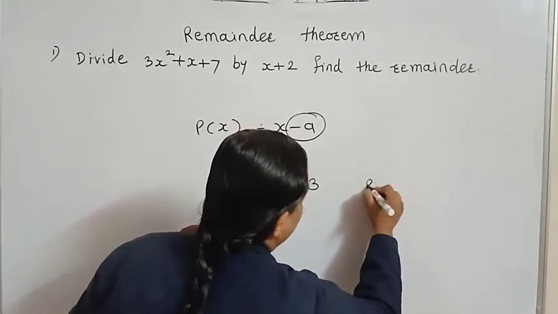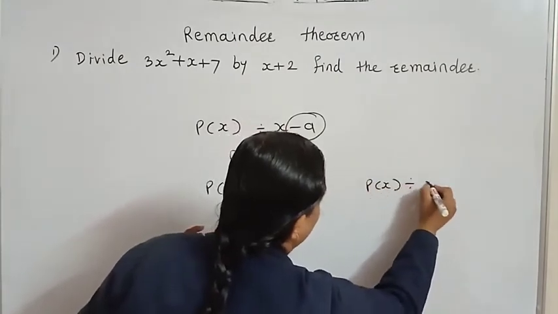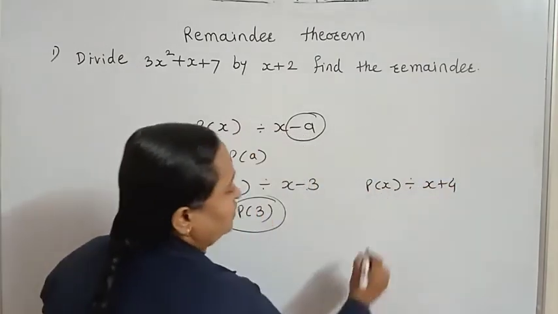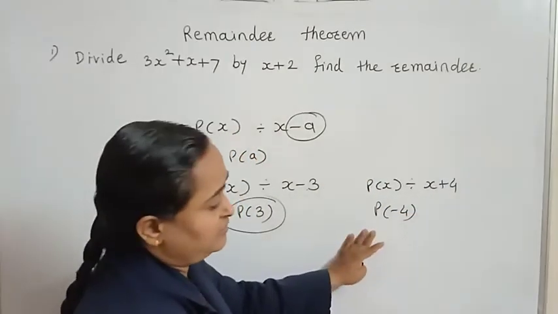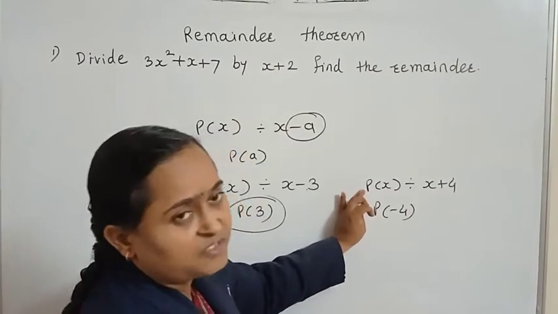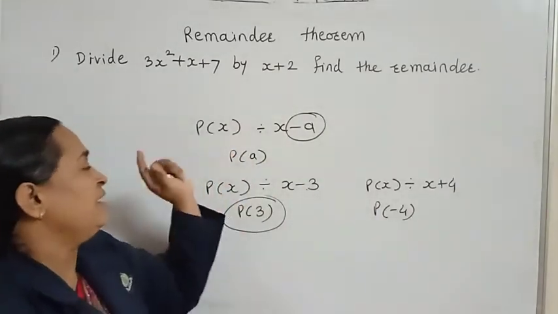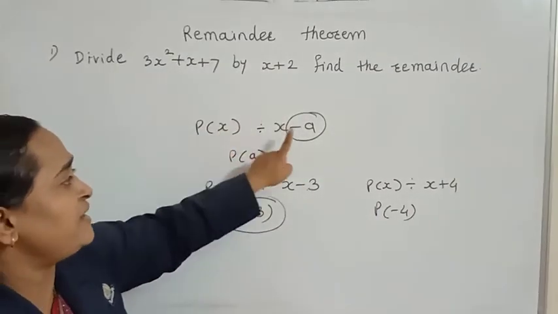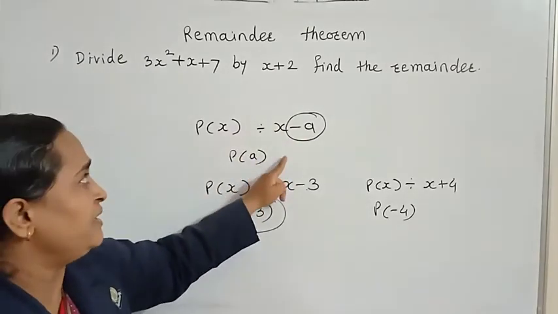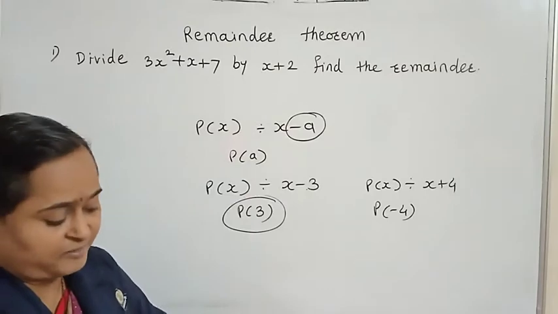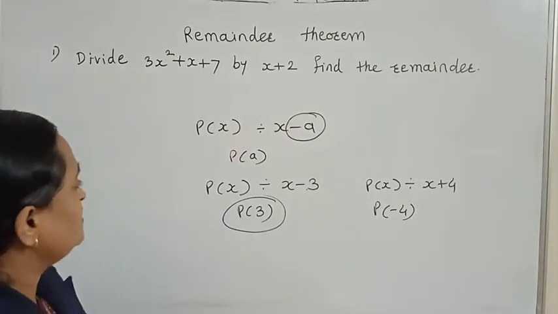Again, suppose p of x is divided by x plus 4, then p of minus 4 is the remainder. In this way we can find the remainder. Then what is the remainder theorem? If p of x is divided by x minus a, then p of a is the remainder. This is the remainder theorem. Now see an example.